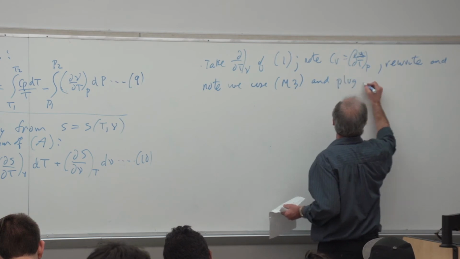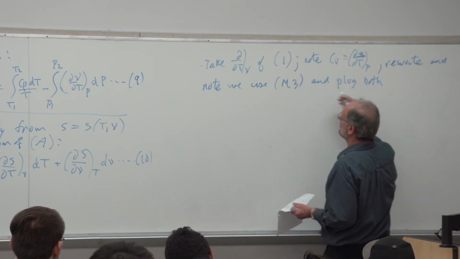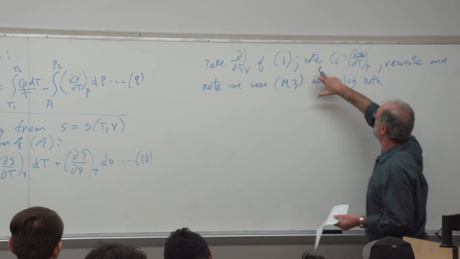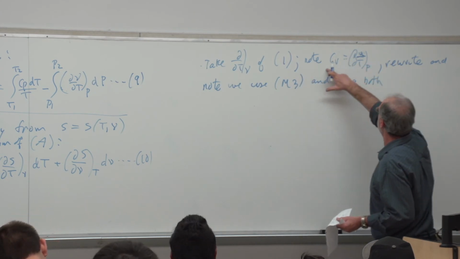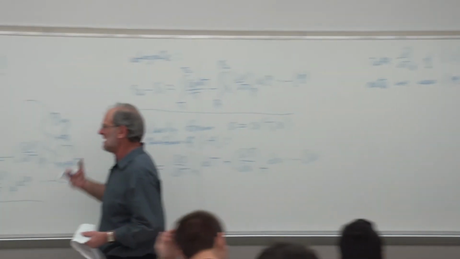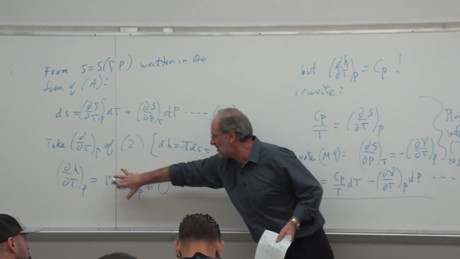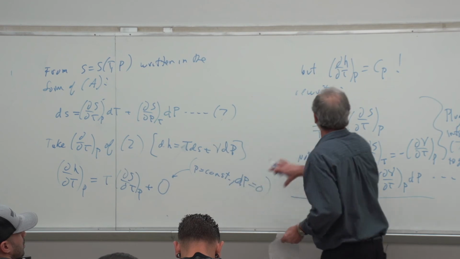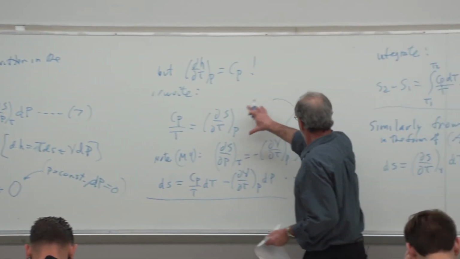And we're going to plug both. Now when I say both, we're taking dT dv of one equation. We're going to plug this definition of Cv into it. We're going to rewrite the equation. Again, I'm skipping some steps, but we're going to end up with an equation somewhat similar to this one. We're then going to modify it.